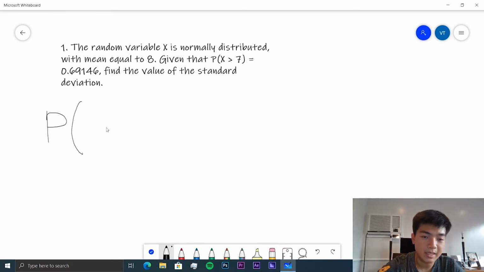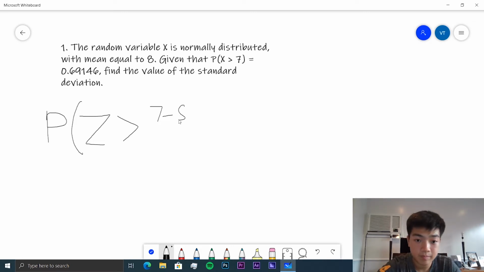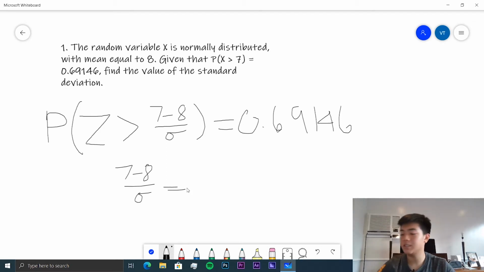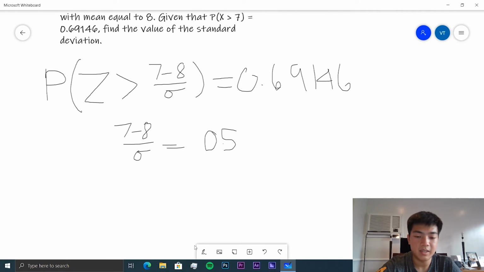The probability that x is greater than 7, in other words, z is greater than 7 minus 8 over the standard deviation, is equal to 0.69146. So this means 7 minus 8 over the standard deviation should be equal to, and let's reverse search this through my table, I get that this is around 0.5.